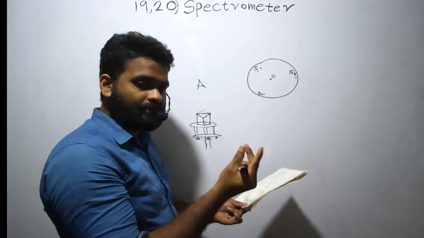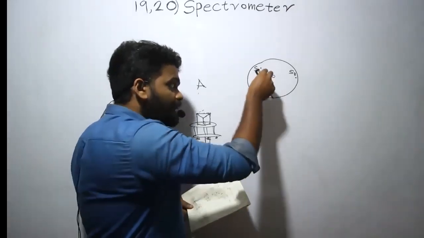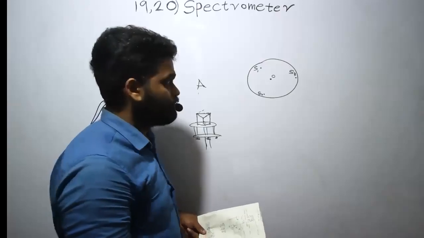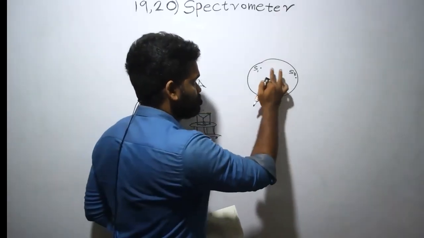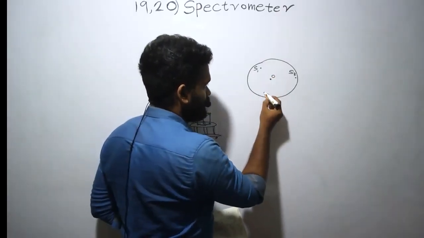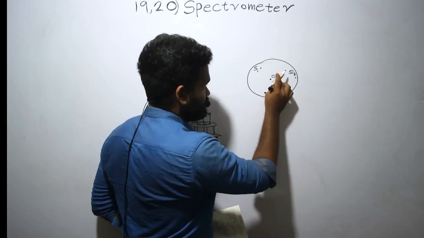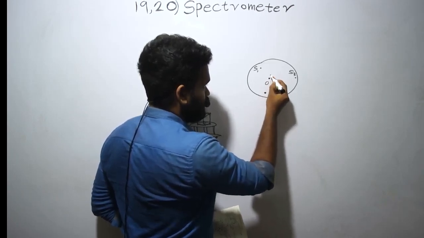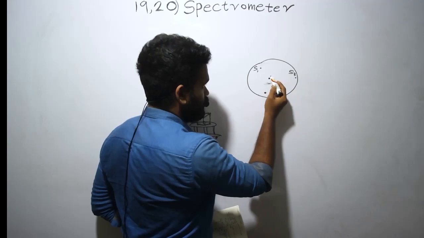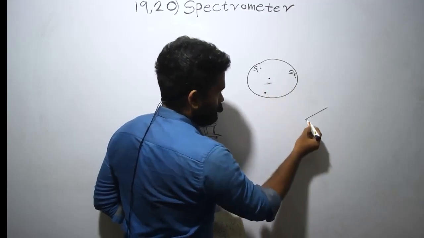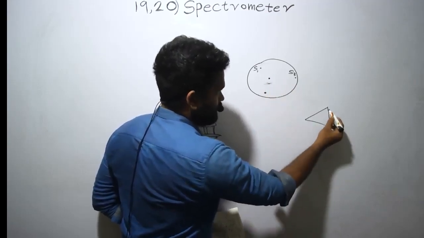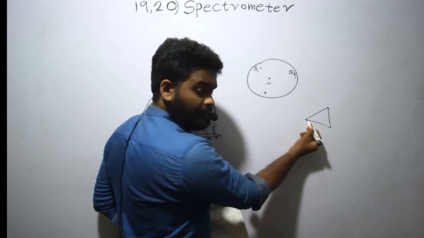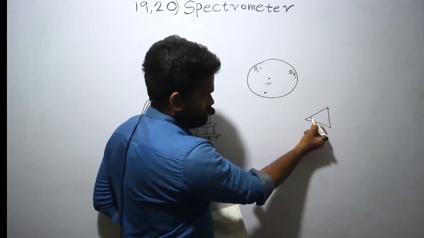Now you are given a prism, you have to place that on this prism table. So how do you do that? This is the procedure. For a prism, you have to get the refracting edge.